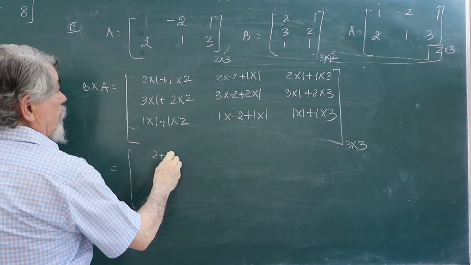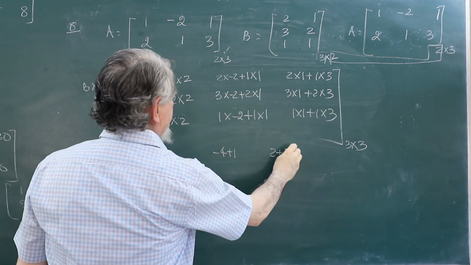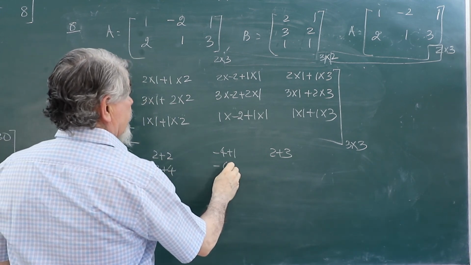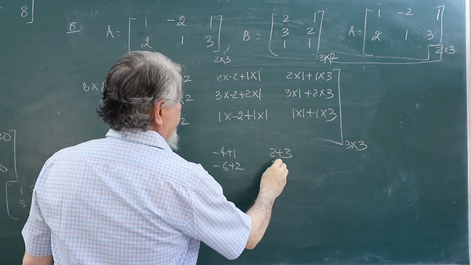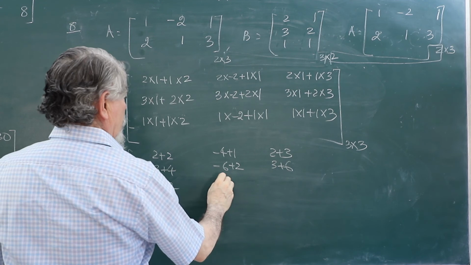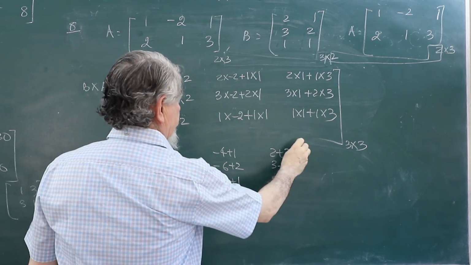2 plus 2, minus 4 plus 1, 2 plus 3, 3 plus 4, minus 6 plus 2, 3 plus 6, 1 plus 2, minus 2 plus 1, 1 plus 3.